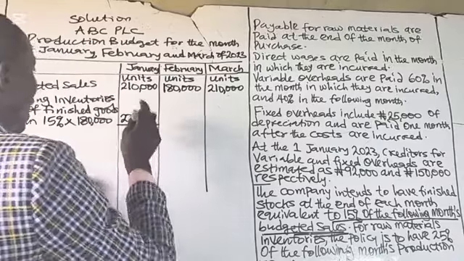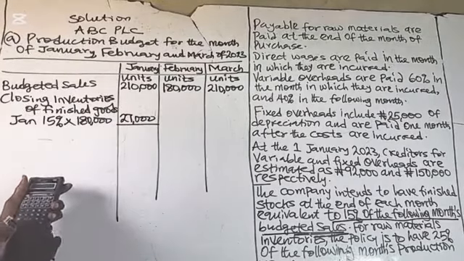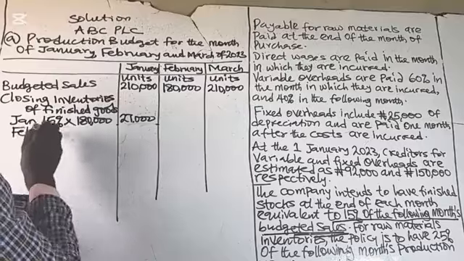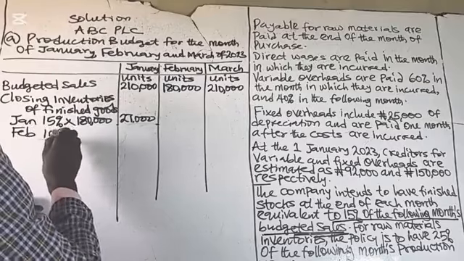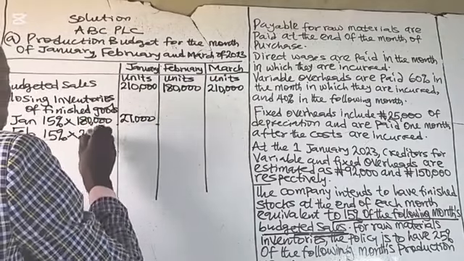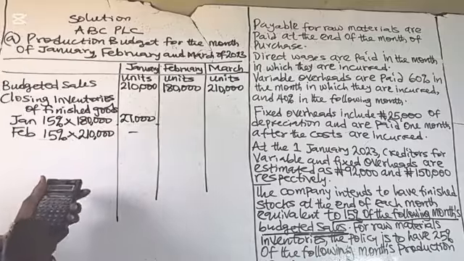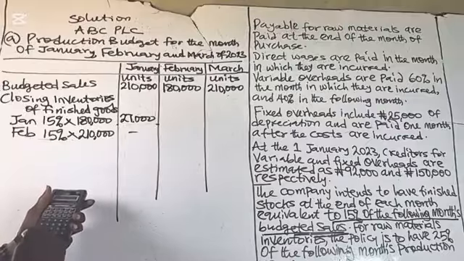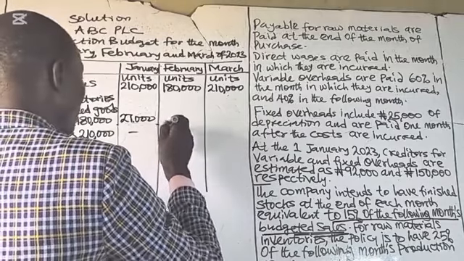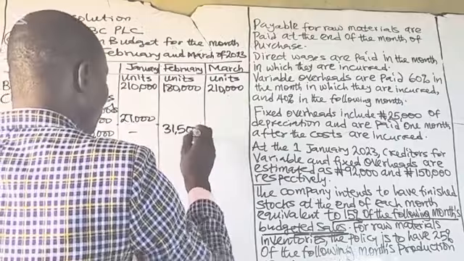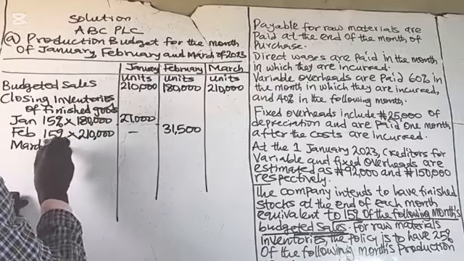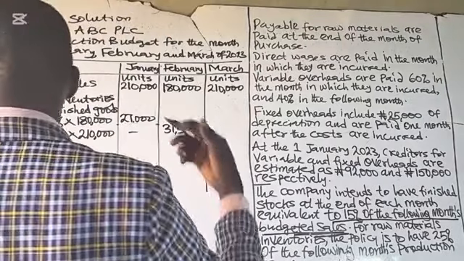So we add the 27,000 to 210,000. Then for the month of February, we have 15% of sales in March, which is 210,000. 15% of 210,000 gives us 31,500.